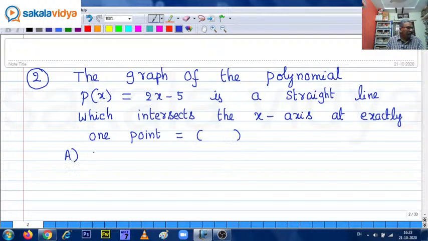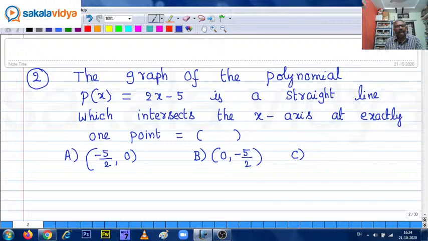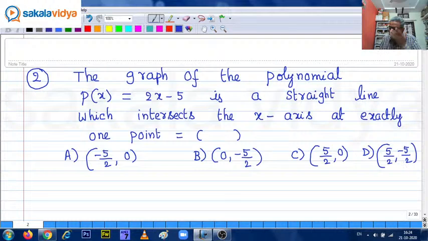Option A: minus 5 by 2 comma 0. B: 0 comma minus 5 by 2. C: 5 by 2 comma 0. Option D: 5 by 2 comma minus 5 by 2.